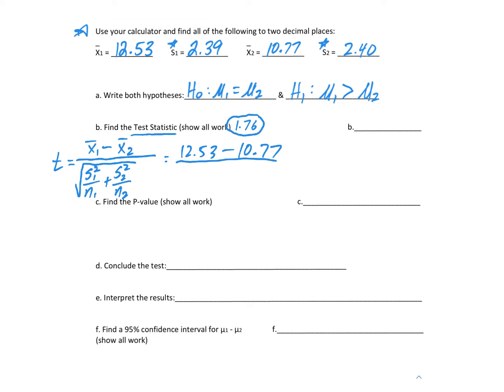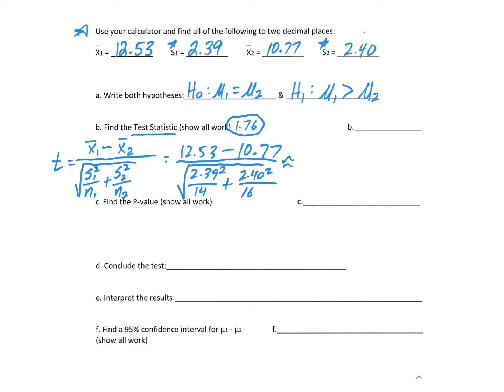Now, the denominator is going to be 2.39 squared over, and if you count the number of pieces, there were 14 data pieces. So N1 is 14, the number of data pieces in the first set. Now we're going to take our 2.40, square it, and divide it by the 16 that I just got.